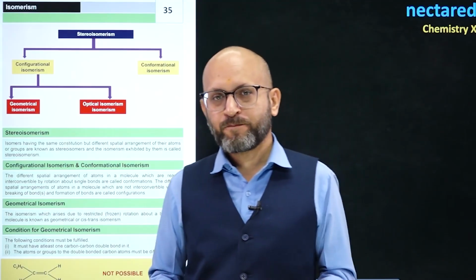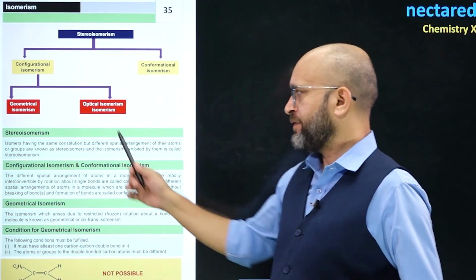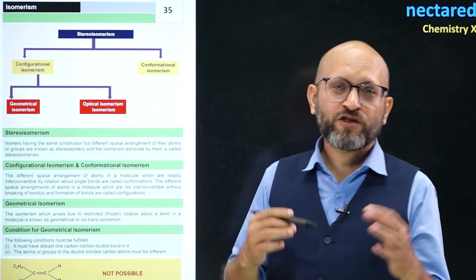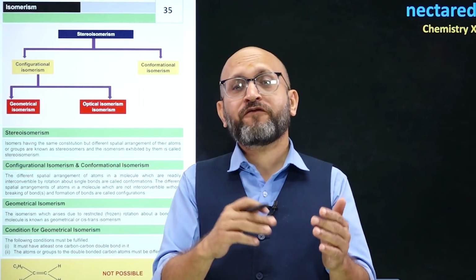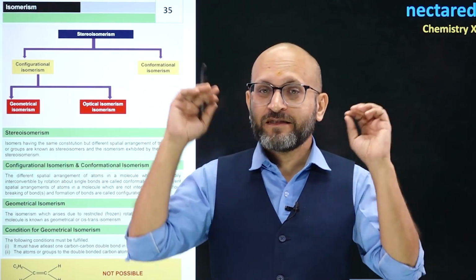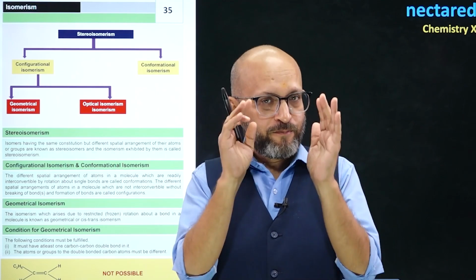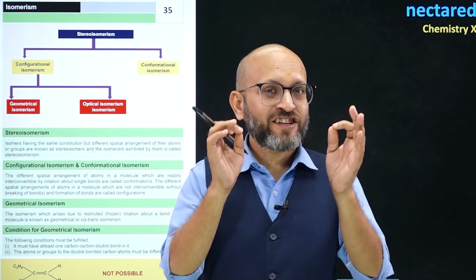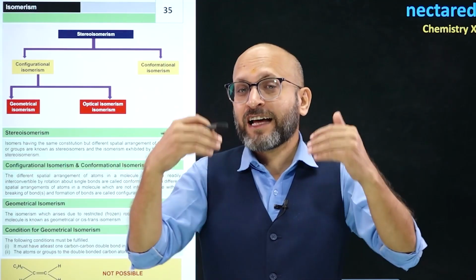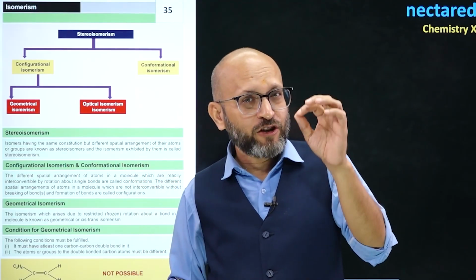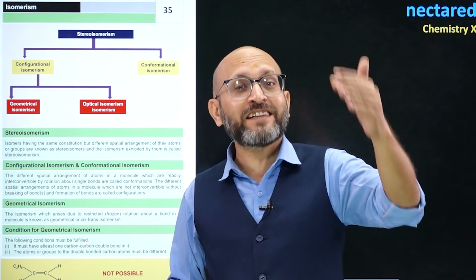Let us begin. First of all, stereoisomerism is basically the isomers which have different spatial arrangement. That means the molecular formula is same, the structural formula is same, only the spatial arrangement, that means the arrangement of groups in 3-dimensional space, is different.